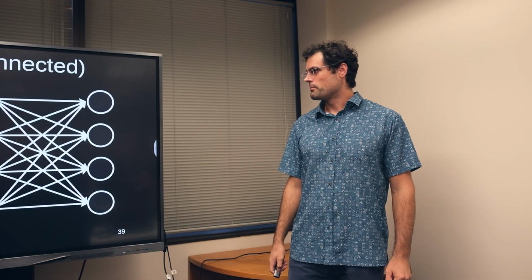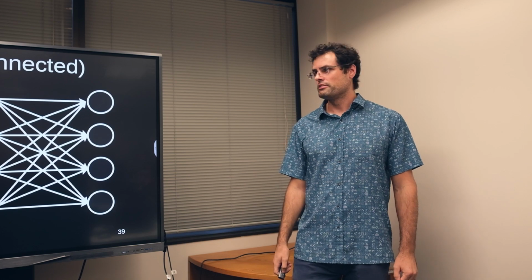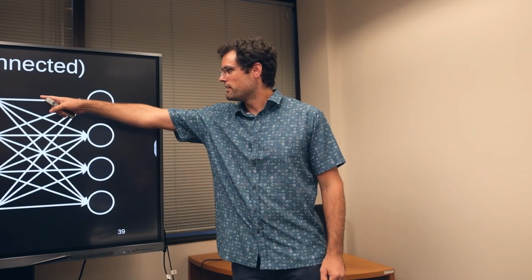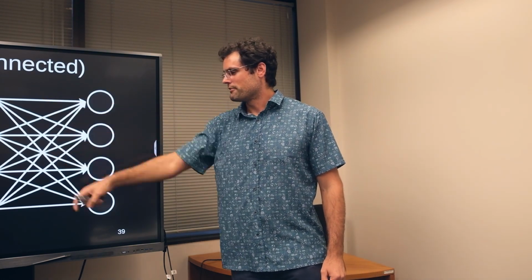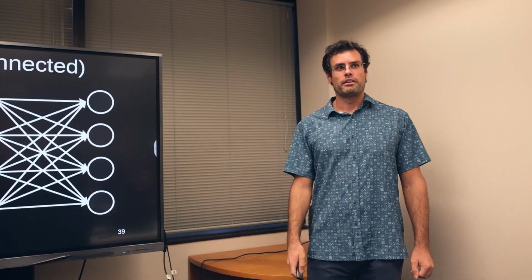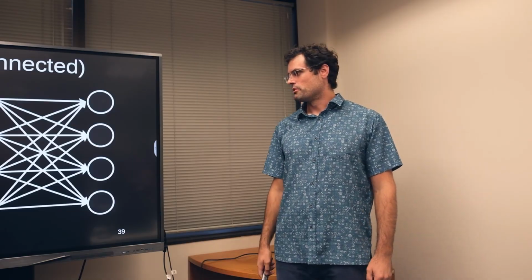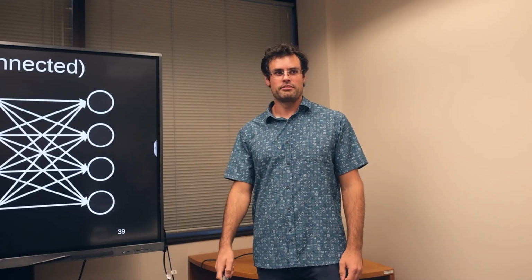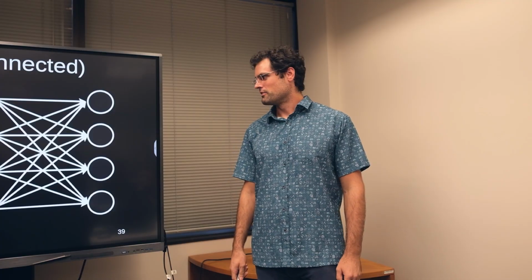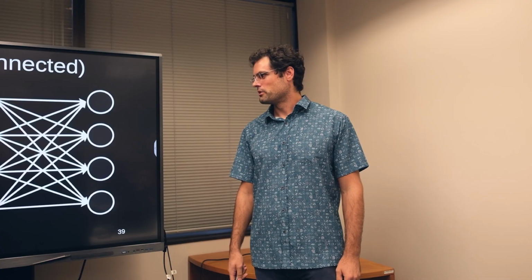So for this 4x4 example, we would have 16 parameters, because each node has 4 weights going out, and we have 4 of those. As we start scaling up the model, if we go up to 10 input parameters and 10 output parameters, then that's 100 parameters, and so on, and it explodes very quickly.